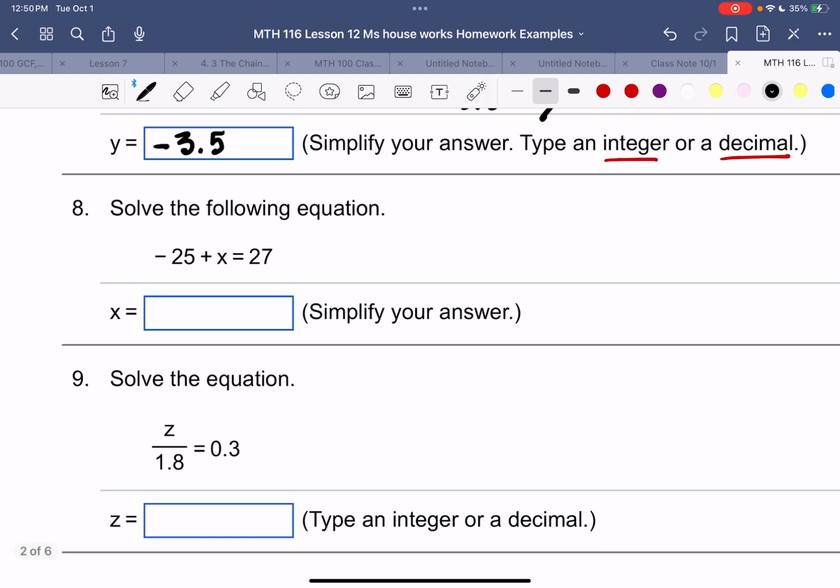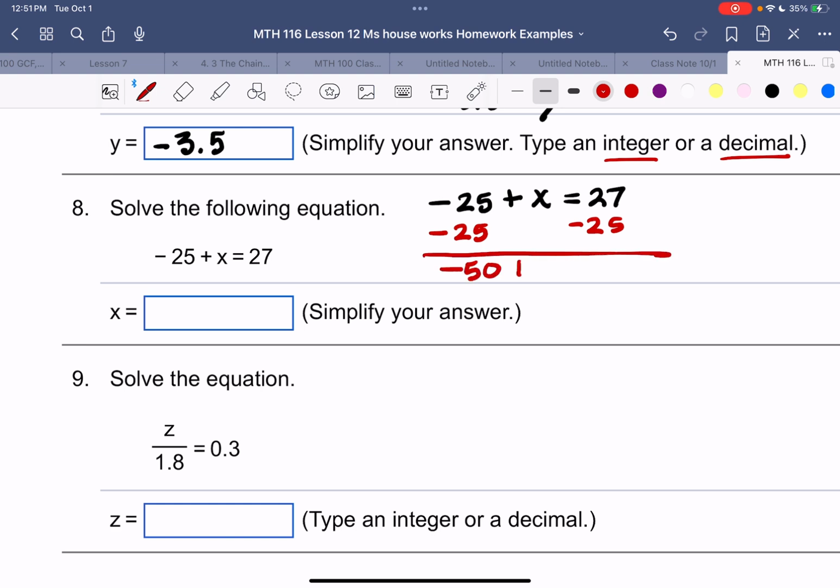Example number 8. A little tricky, but you've got to think about this. Even though we're adding here, if I subtract another 25, so let me show you wrong first, so don't write this down. That's not going to give me a 0. A negative 25, that would be a negative 50 plus x equals 2. And that didn't help me at all.